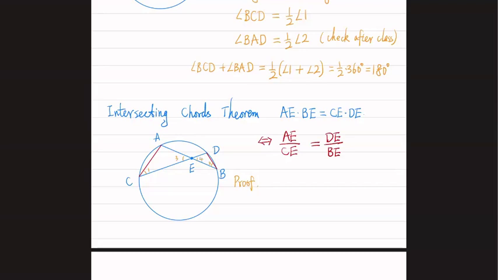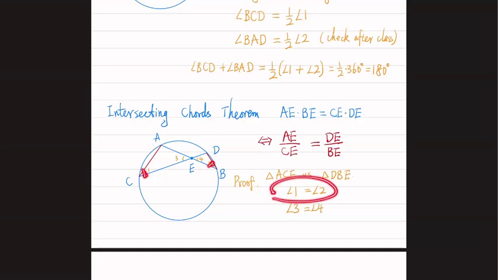For the two triangles, triangle ACE and triangle DBE, angle 1 equals angle 2, angle 3 equals angle 4. I claim angle 1 and angle 2 have the same measure.